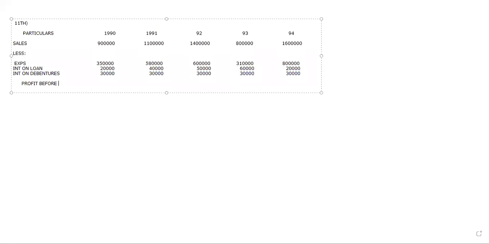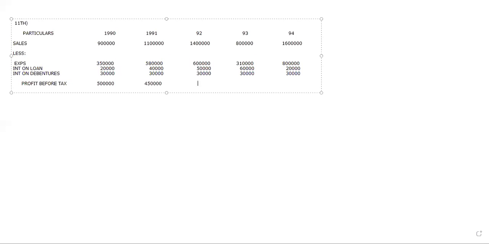Yeah, now we have to find out profit before tax. Tell me the profit before tax. 9 lakhs minus 4 lakhs 50 is how much? Sorry, 3 lakhs... 5 lakhs. Yeah, this is a round figure, 5 lakhs we are going to get. Then 4 lakhs 50,000.